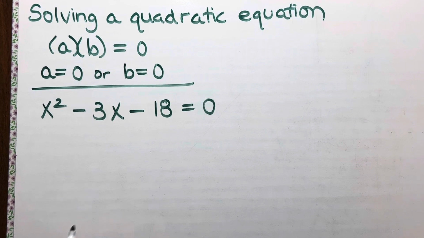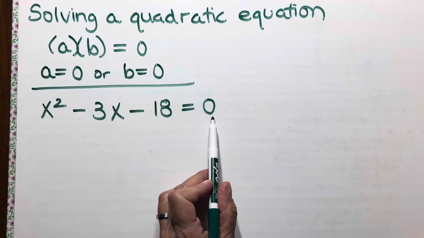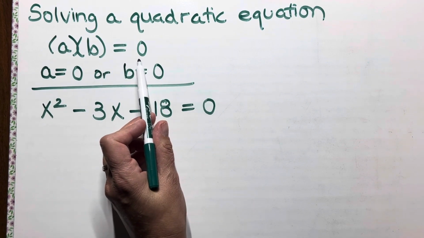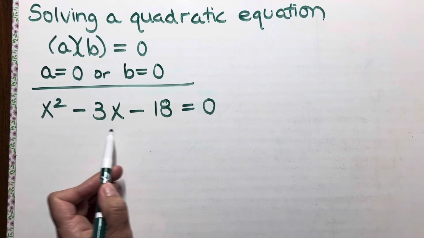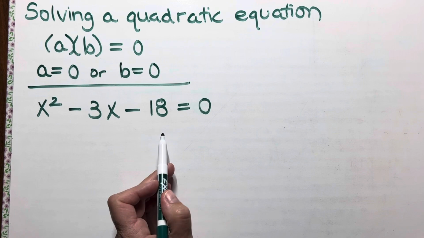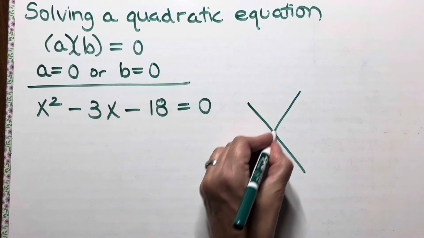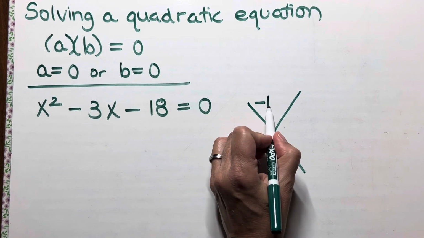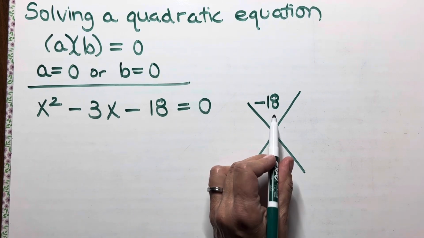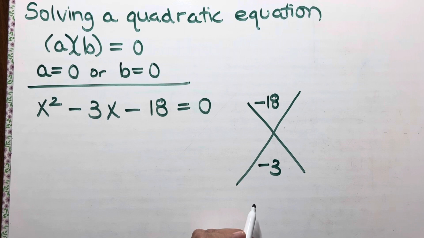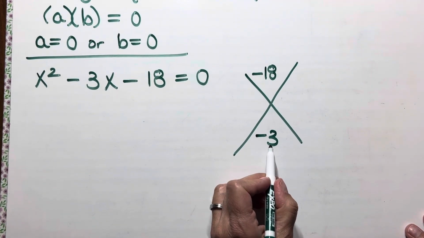The first thing I'm going to make sure is that my equation is already equal to 0, because that's what my product property up here was telling me to do. The next thing I'm going to do is factor this quadratic. So I need factors that multiply to negative 18 and add up to negative 3.